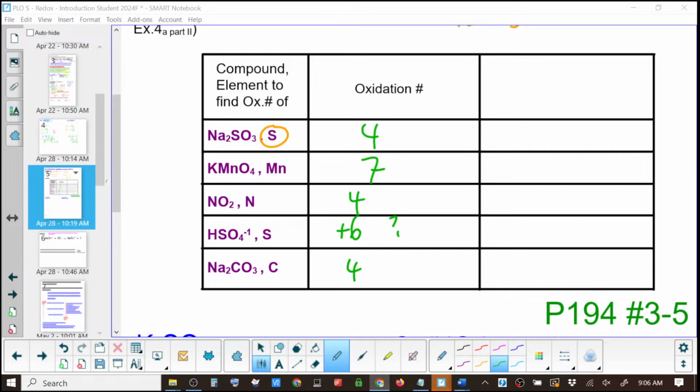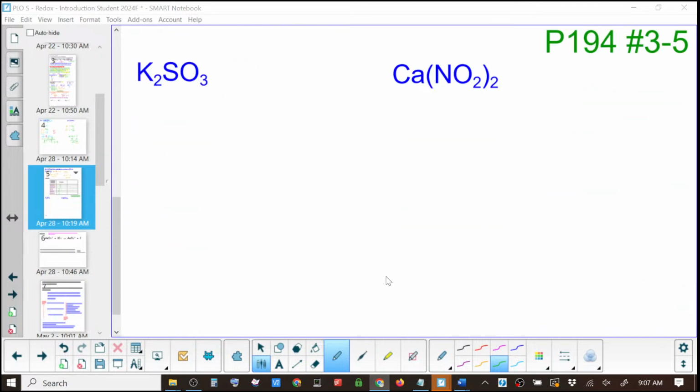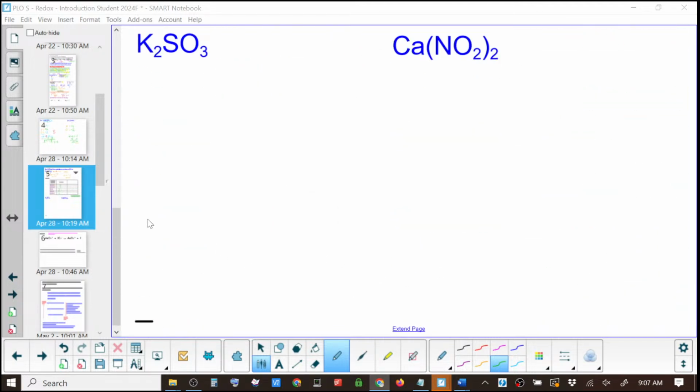Do 15. Find 15. We don't know what happened, but what does L have? Negative 13.